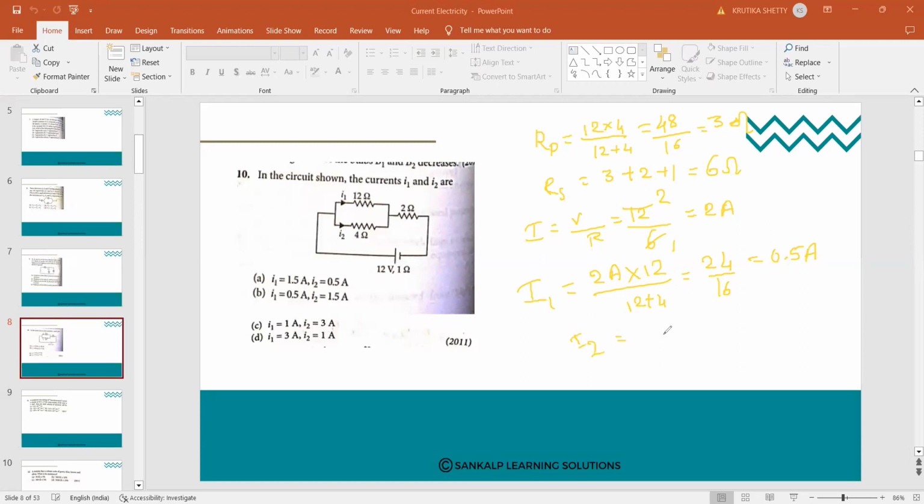Similarly I2 is equal to 2 ampere into 4 ohm divided by 12 plus 4. This is 0.5 ampere.